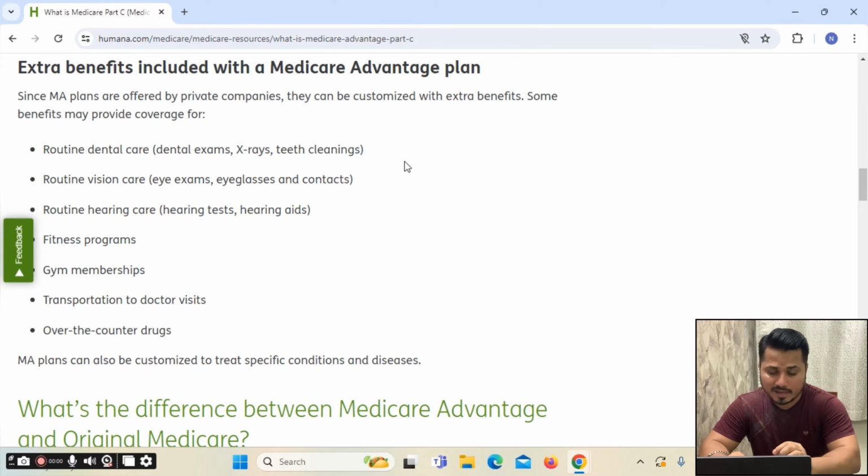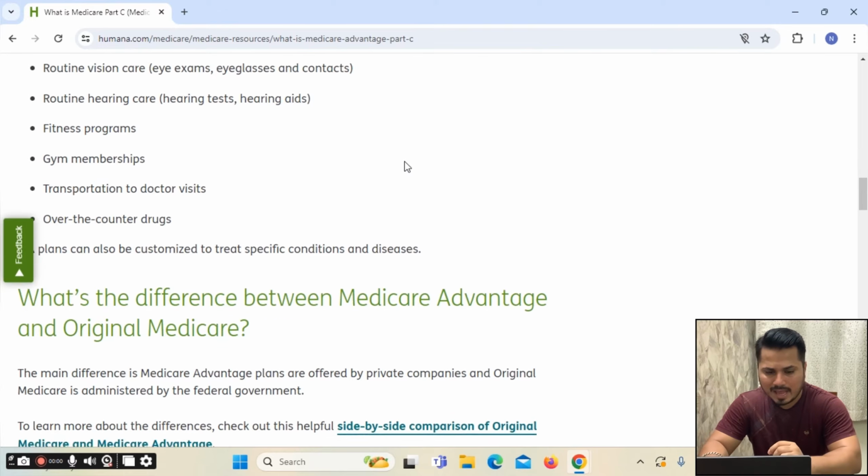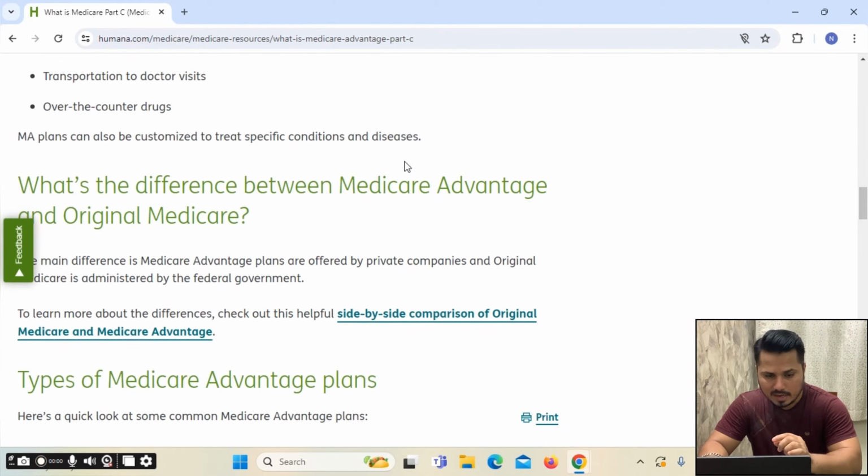Routine vision care, which includes eye exams, eyeglasses, and contacts. Routine hearing care, which includes hearing tests and hearing aids. Then fitness programs, gym membership, transportation to doctor visits, and over-the-counter drugs. These plans can also be customized to treat specific conditions and diseases.